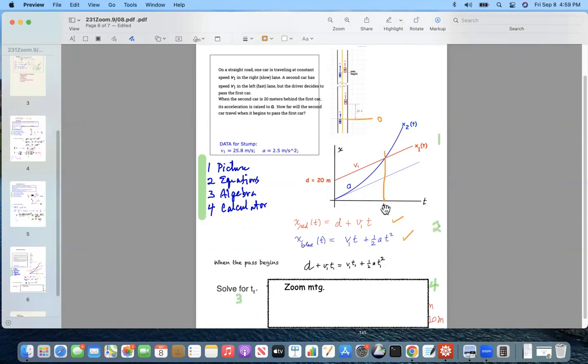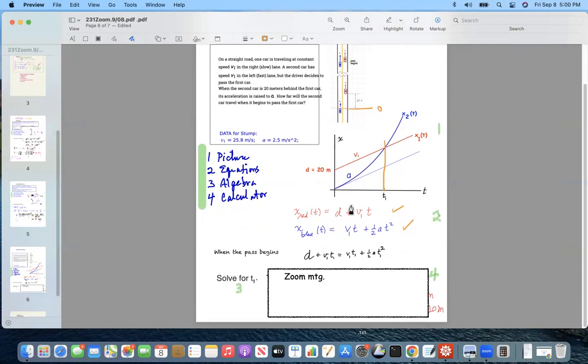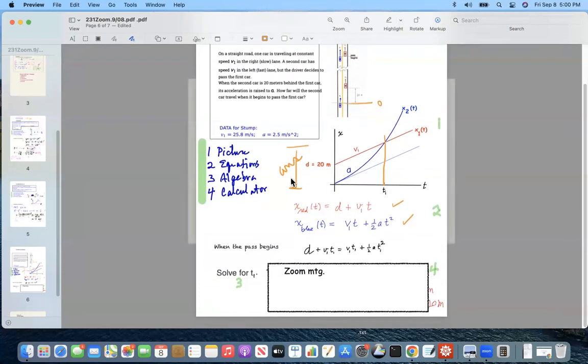What I'm looking for is the distance. It says, how far does the second car travel when it begins to pass the first car? Well, it traveled from 0 up to this point where the two are at the same position. So that's the answer I have to calculate.